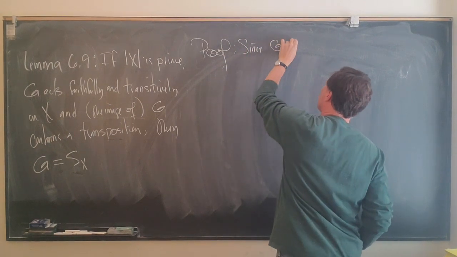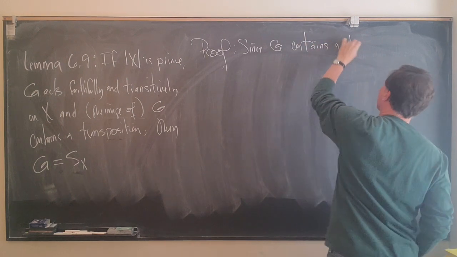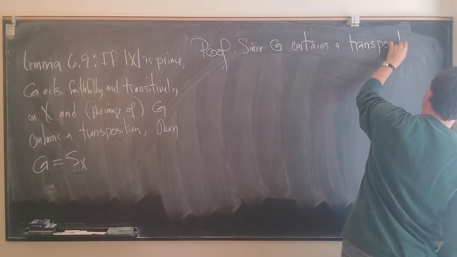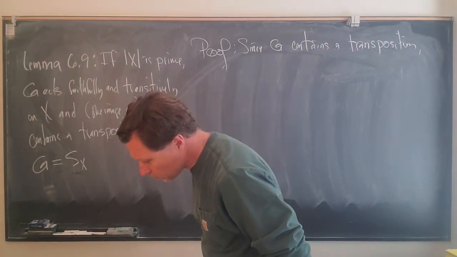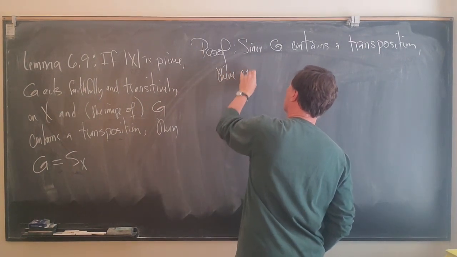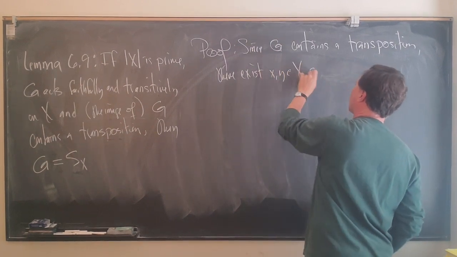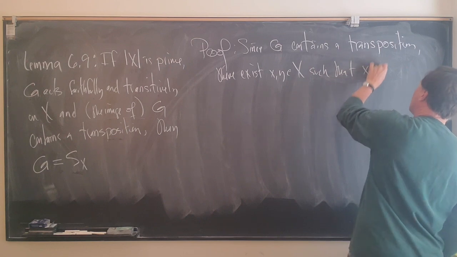So since G contains a transposition, there exist x and y in X such that x is equivalent to y.